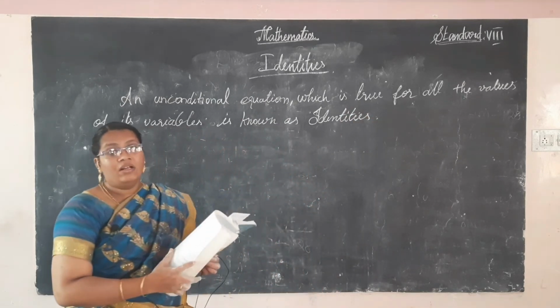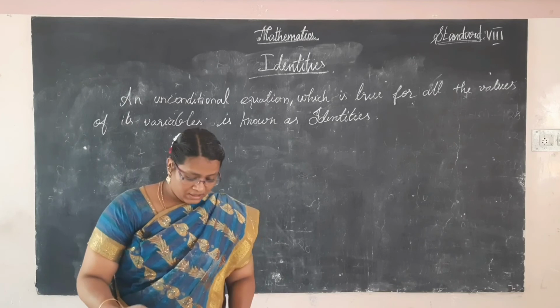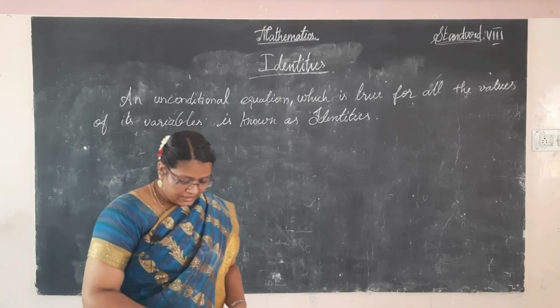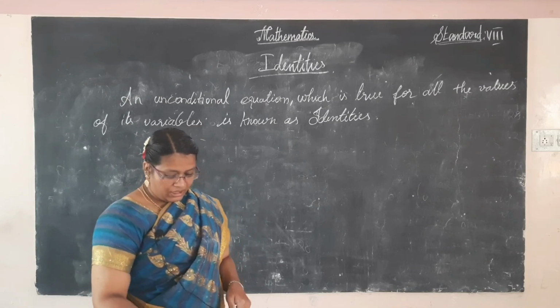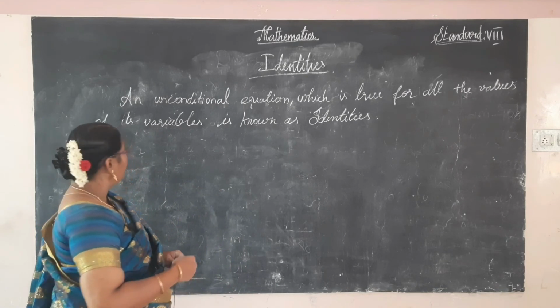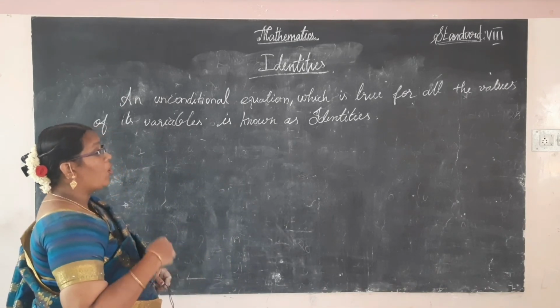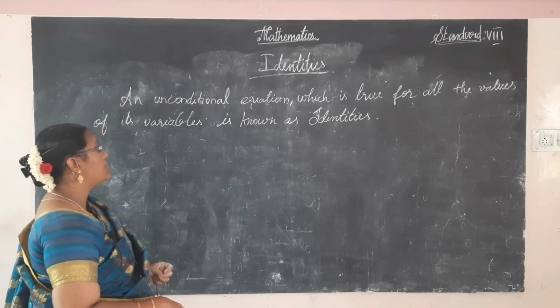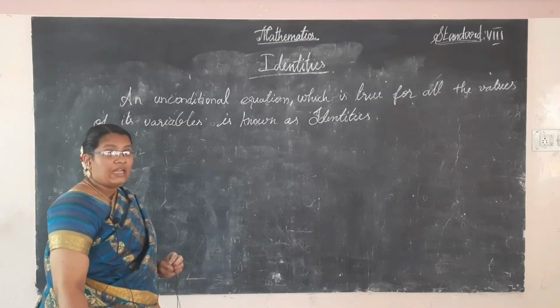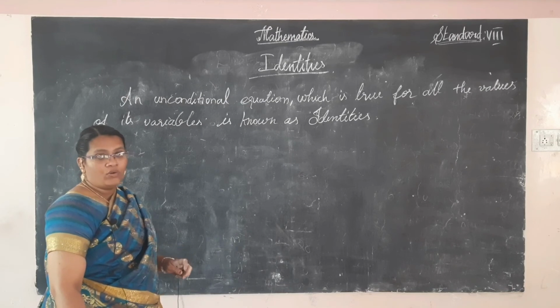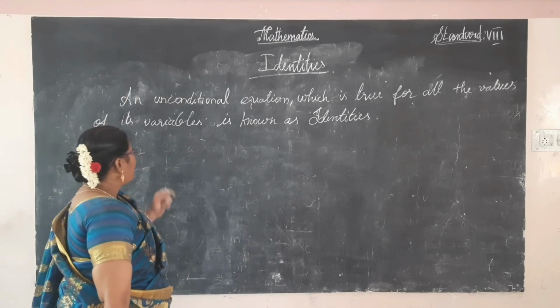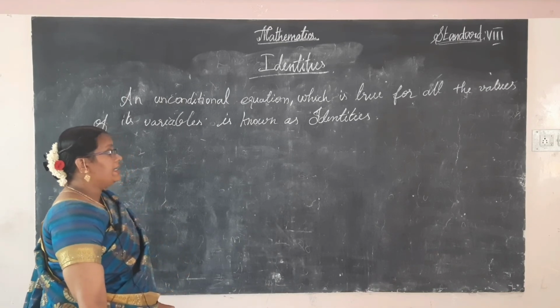In this class we have learned three identities. So what is the definition of identity? An unconditional equation which is true for all the values of its variables. We can consider any value for the unknown; that is, the variables.